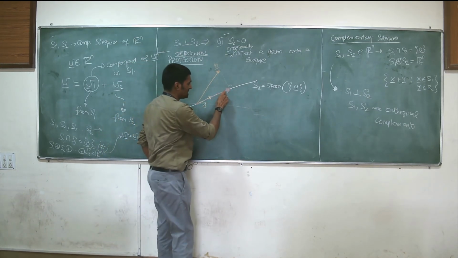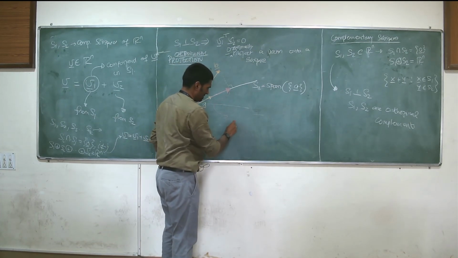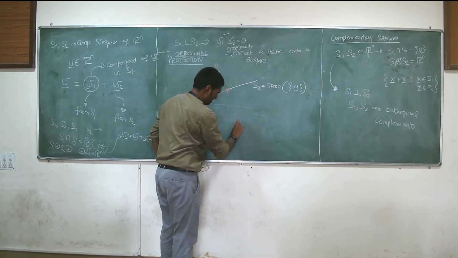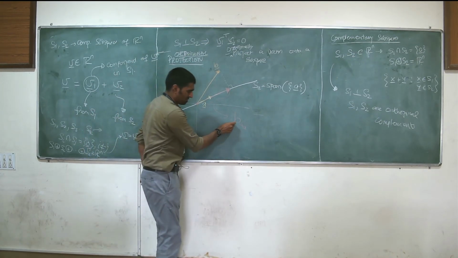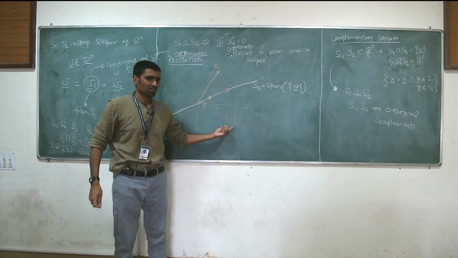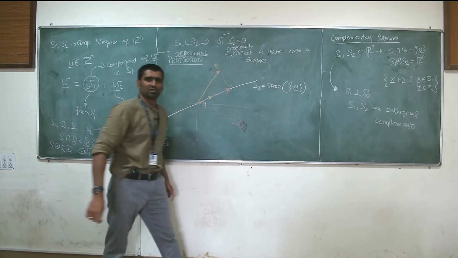And this vector, we call it BSA, or for now say BA.